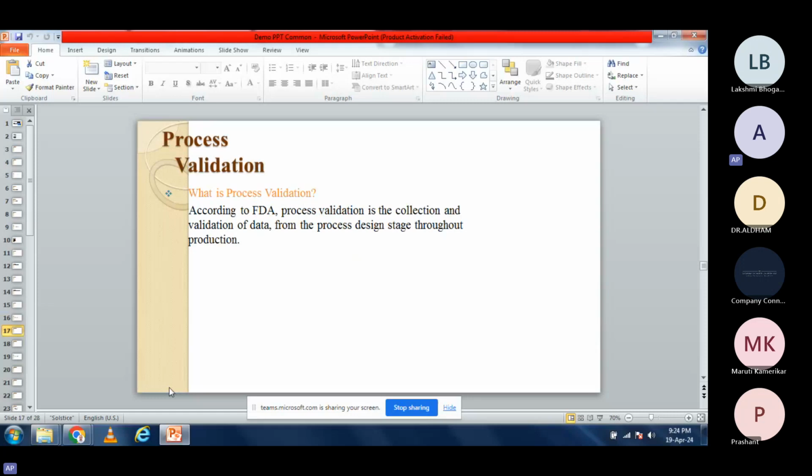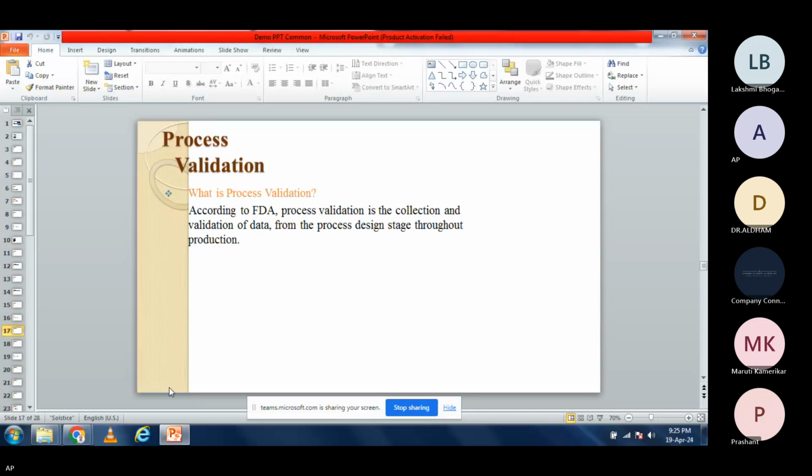Why 3 times? Because the manufacturers and the regulators of various countries believe that when we manufacture one batch, it may pass accidentally. If you manufacture a second batch, it may be a coincidence.